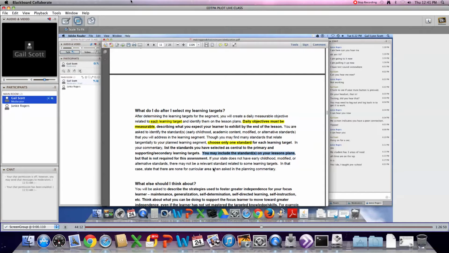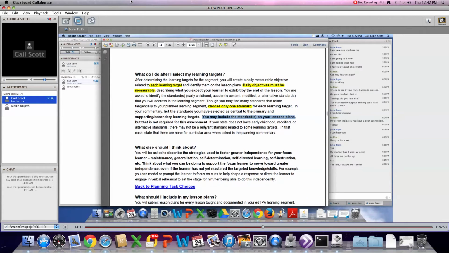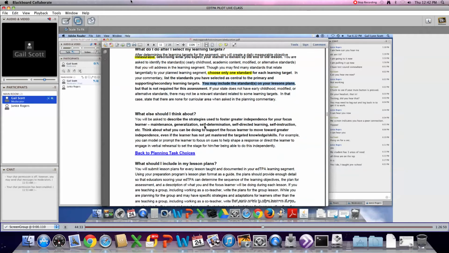Remember, they have to be 4 pages. But you have to select one academic content standard for each learning target. Choose only one.